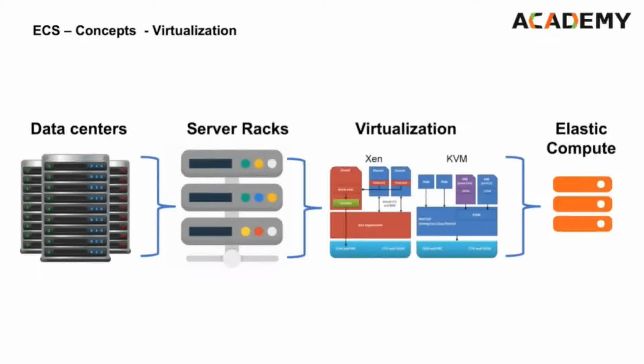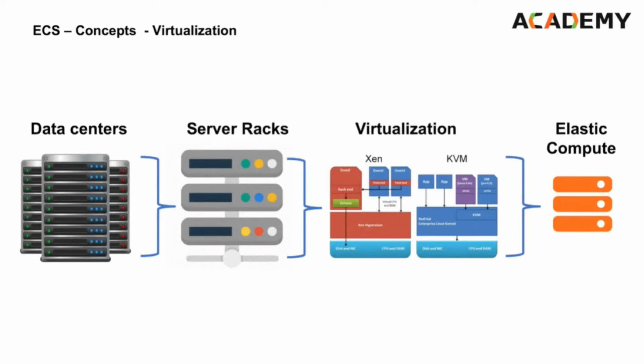So this is the visualization of ECS virtualization, how it actually functions. We have data centers all over the world. Alibaba Cloud has more than 24 data centers worldwide. In the data centers, we have server racks, and the server racks have virtualization with the help of kernel virtual machines and the Xen machine.